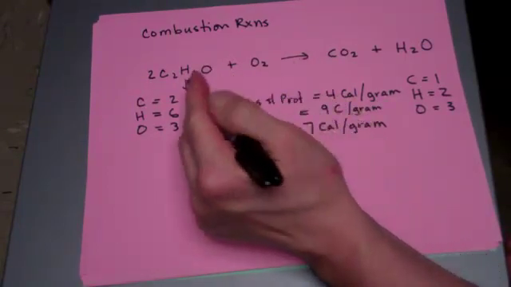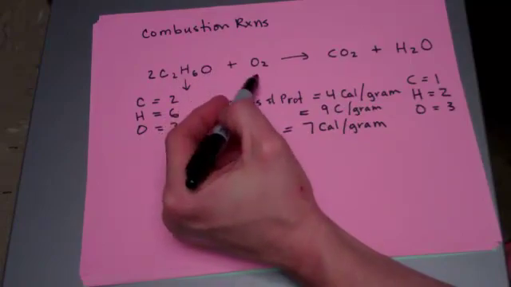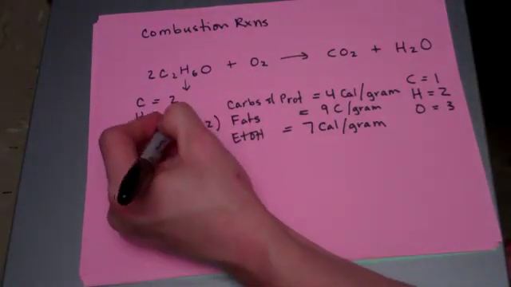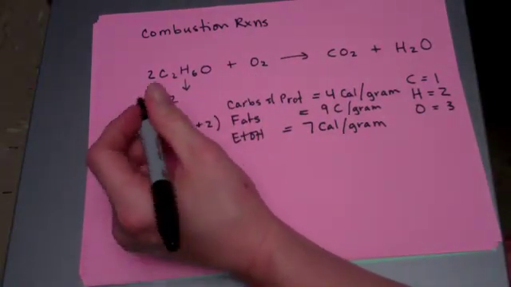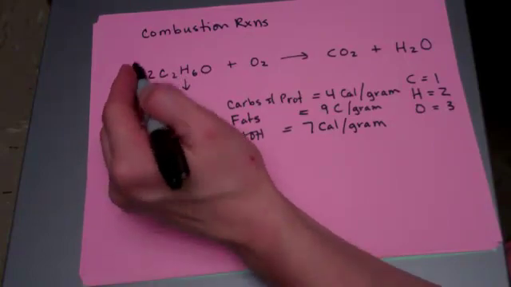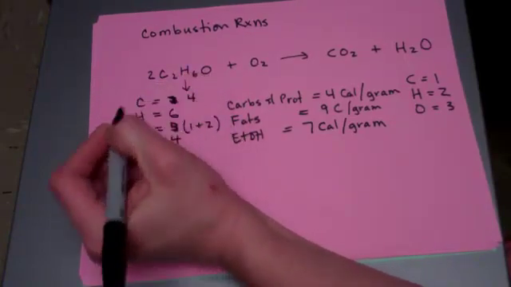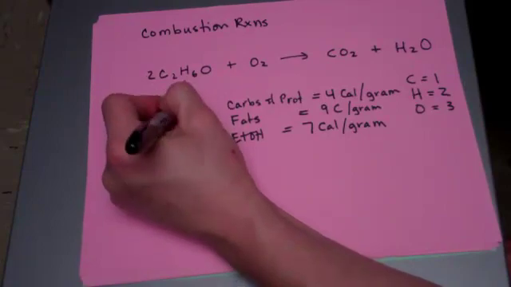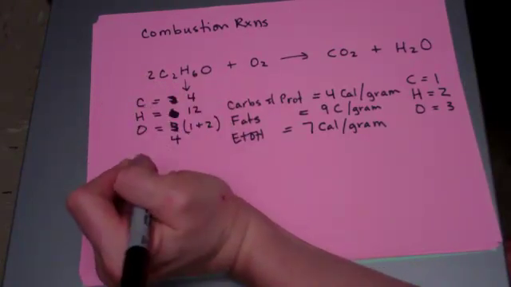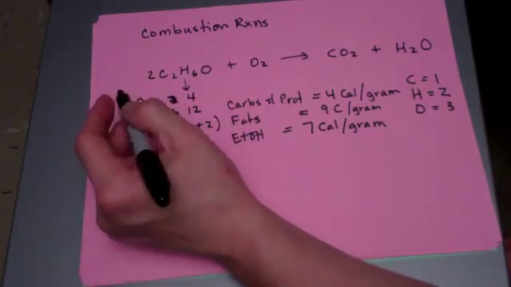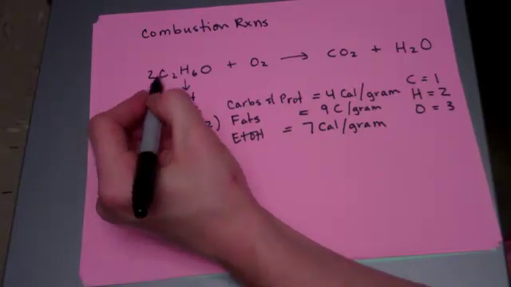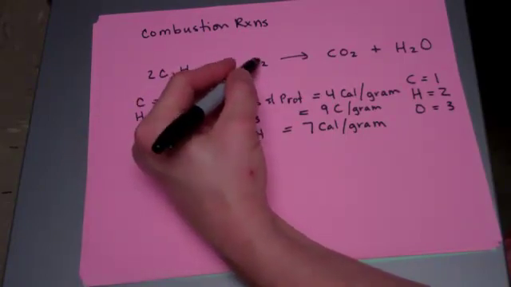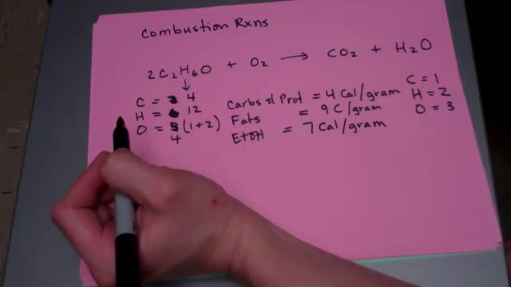If we do that, we change our oxygen count to 4, our carbon count on this side to 4, and our hydrogens to 12. So now let's see if we can balance the carbons and hydrogens on this side and then fix any oxygens we have left over on this side.